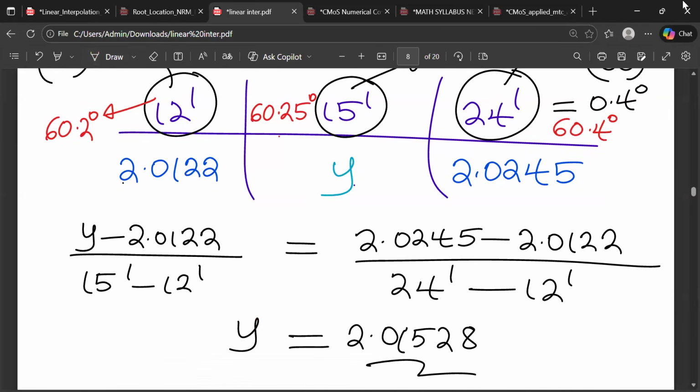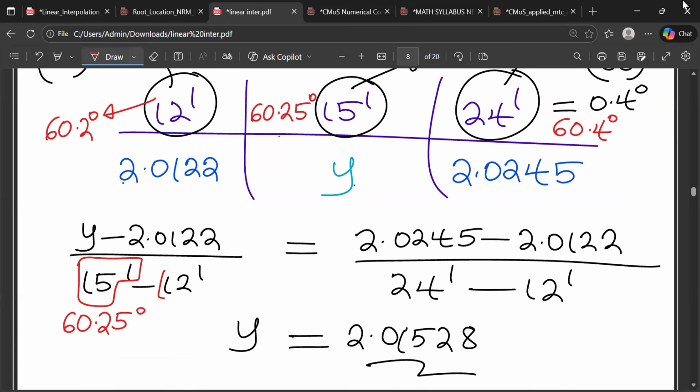So now you repeat. You go back to the calculator. Instead of 15, we are going to put 60.25. Instead of 12, we are going to put 60 point what? 60.2 degrees. Instead of 24, we are going to put 60.4 degrees.